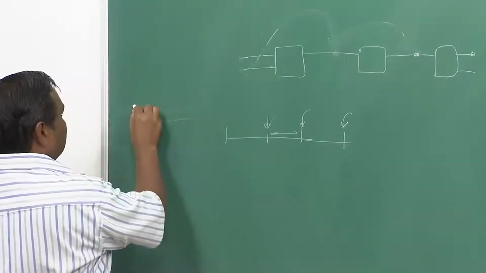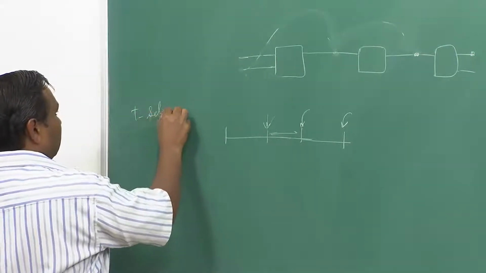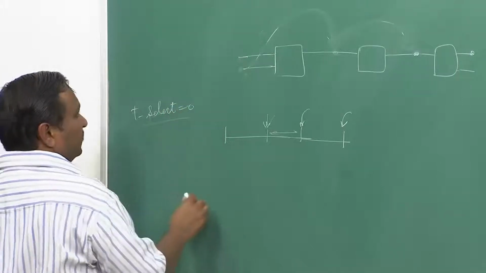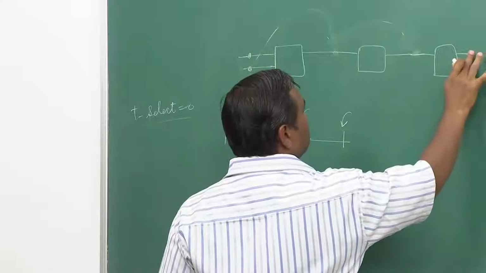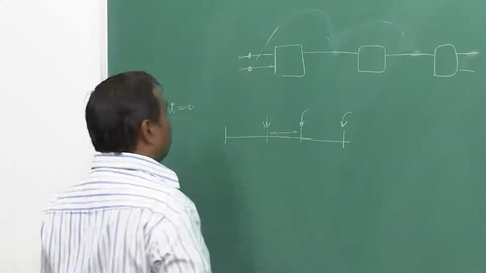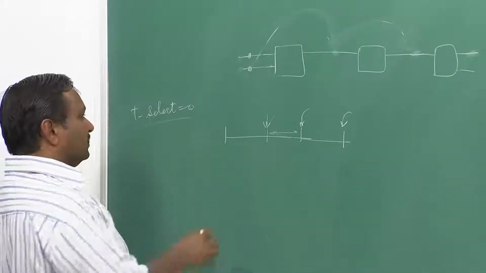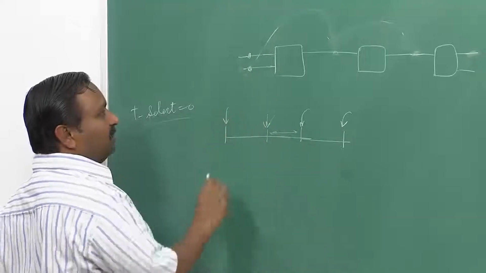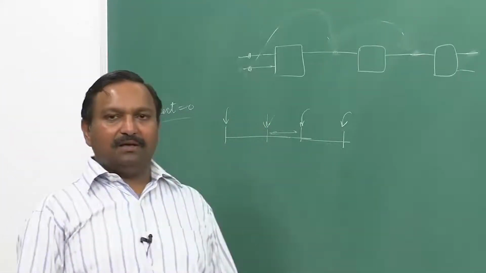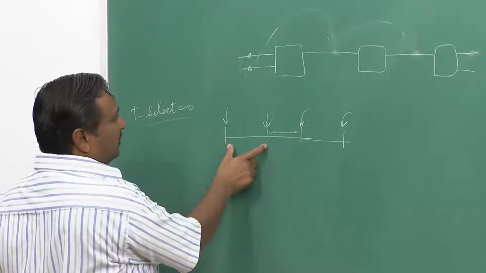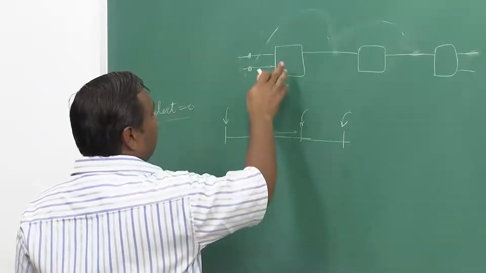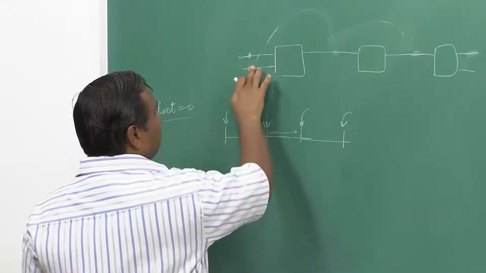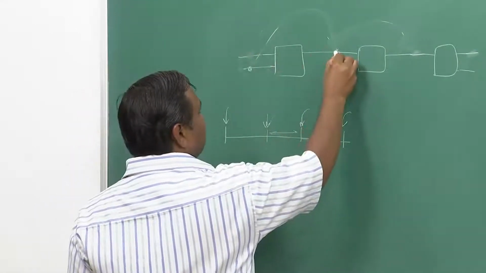Instead, if the T select is equal to 0, in that case, when initially the two packets are there, it will not take much time to select which one of them has to go, but only one packet can be going and it will take one full slot period. Okay. So, instantaneously the decision is made which one will go out. By the time you reach here, this packet would have been completely transferred to this position.